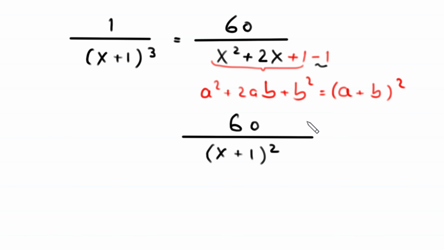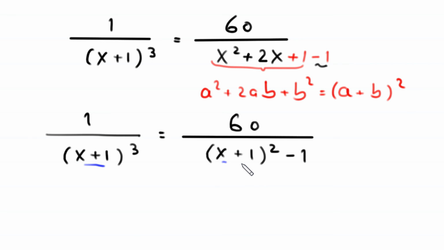This negative 1 remains the same, negative 1, equal to 1 divided by (x plus 1) whole cubed. Now we have x plus 1 here and x plus 1 here.